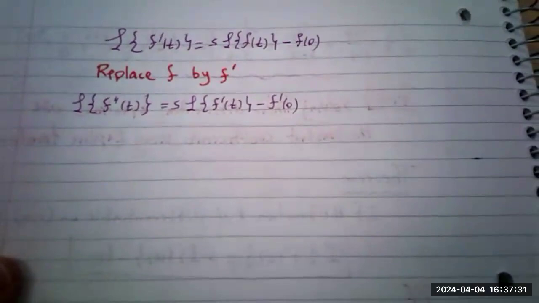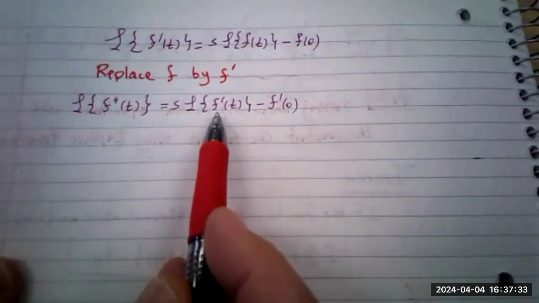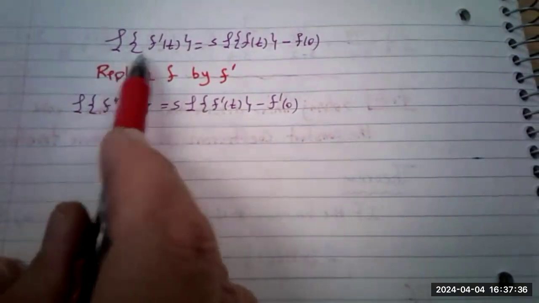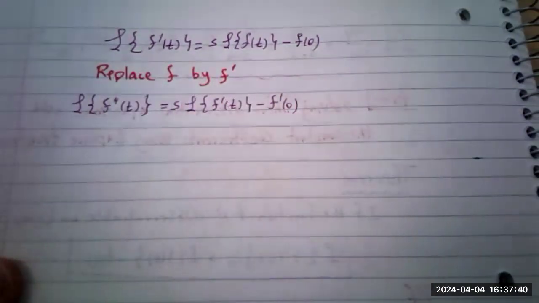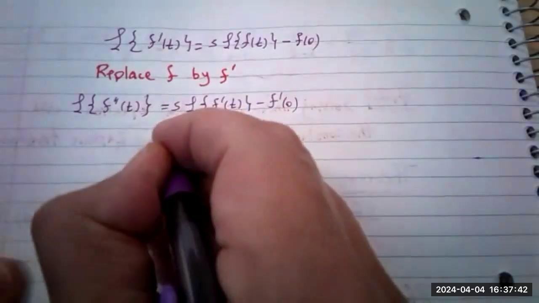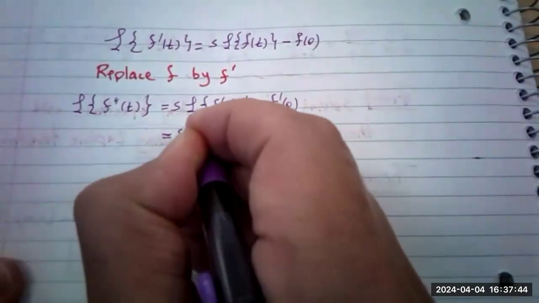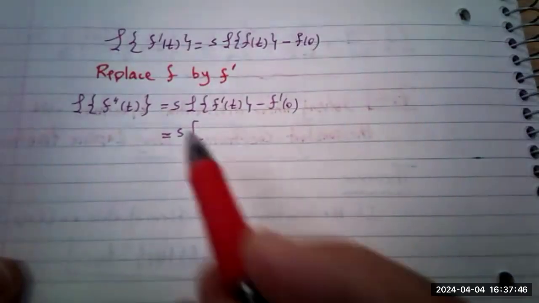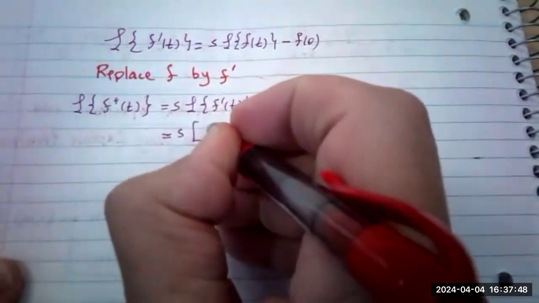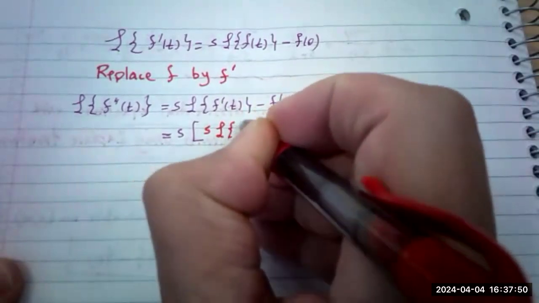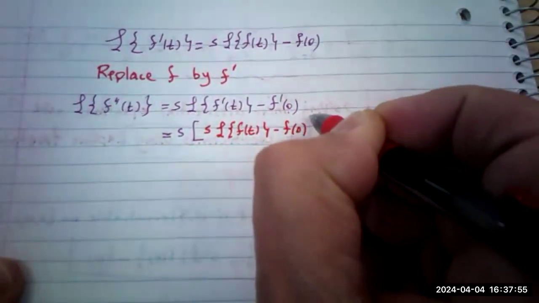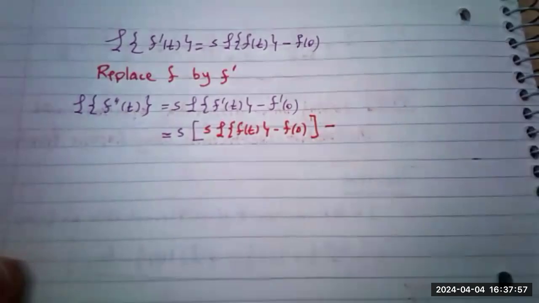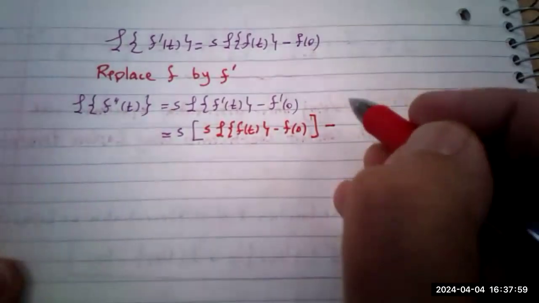Okay, and you know the formula for the Laplace of f prime. So substitute for the Laplace of f prime. What are we going to get now? It's going to be equal to s times, let's have a bracket here, the Laplace of f prime, which would be s times the Laplace of f of t minus f of 0, and then minus f prime of 0.